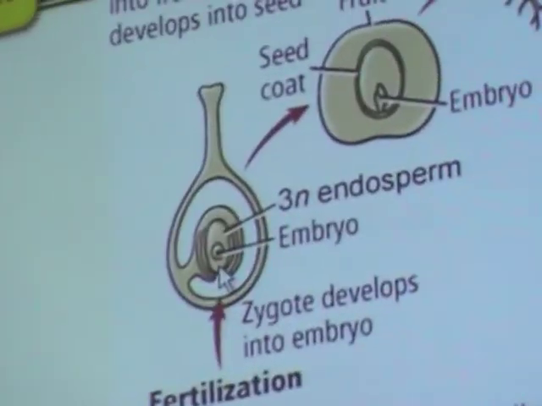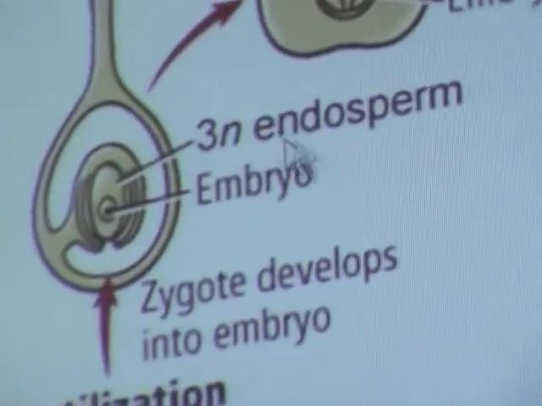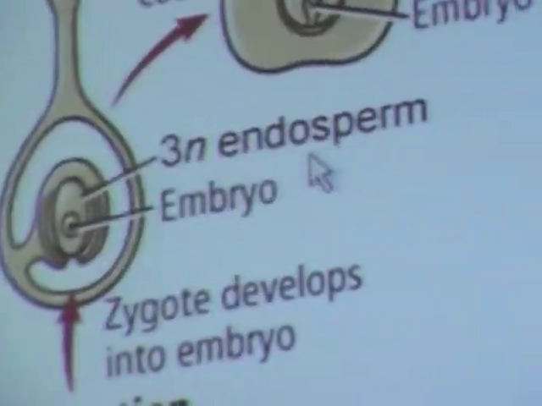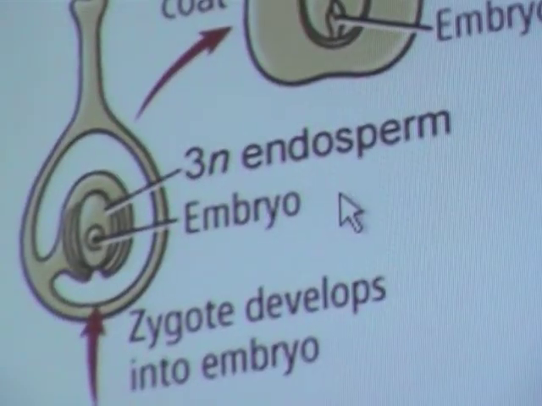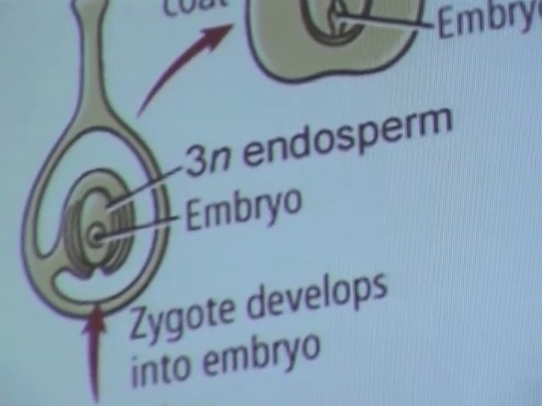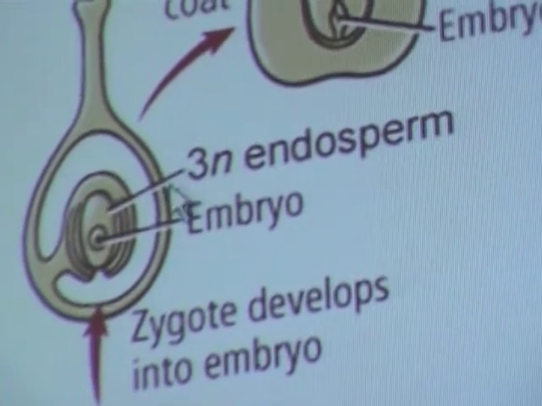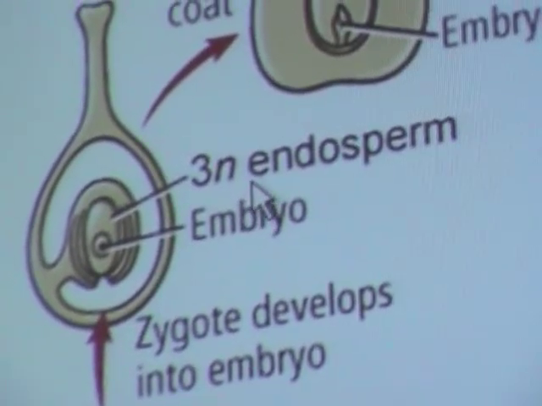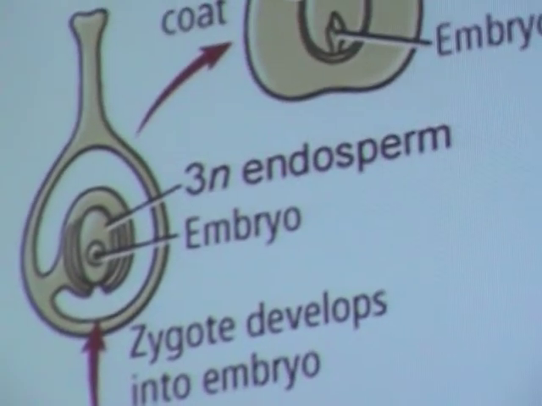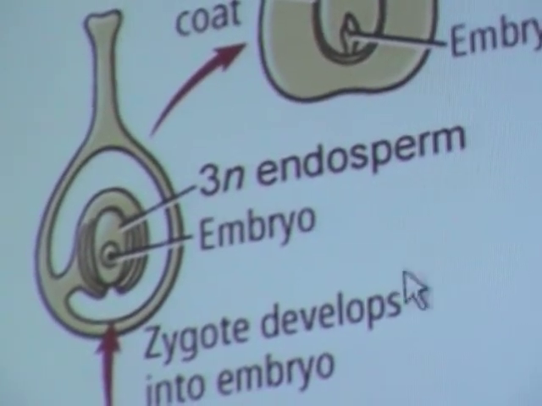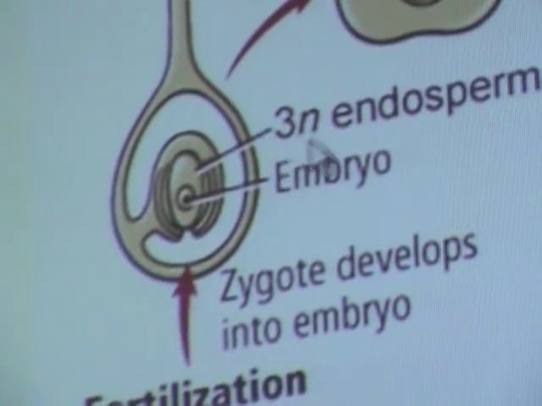And the central cell that was fertilized is going to develop into what we call endosperm. Endosperm is actually food for the embryo. And they say that it's 3N. They say that the endosperm is 3N. 3N means triploid.